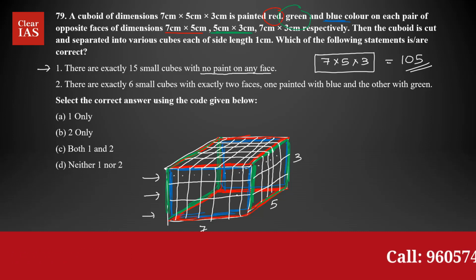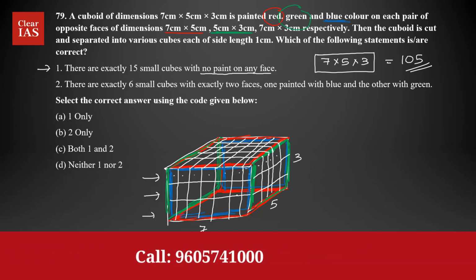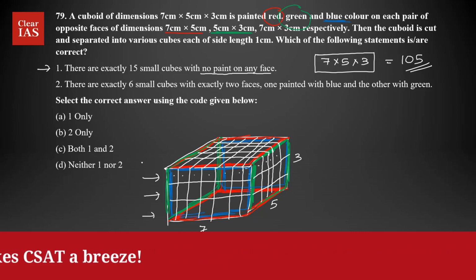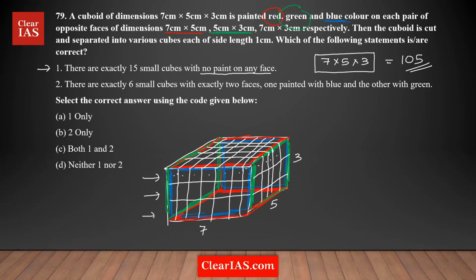So I need to figure out how many of them are hidden, that is not in your visibility, right? There are two ways you can do this. You can use logic, because I can clearly say that all the cubes in the first row, first row means this one, there are 35 cubes here, definitely one of the faces will be painted, because you will be able to see it, right?